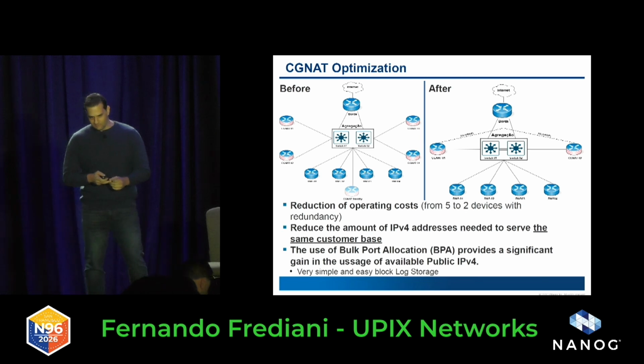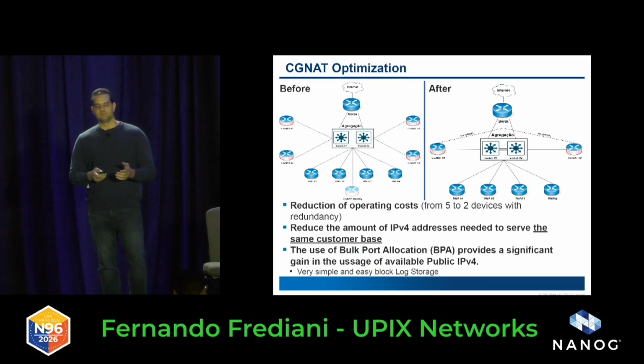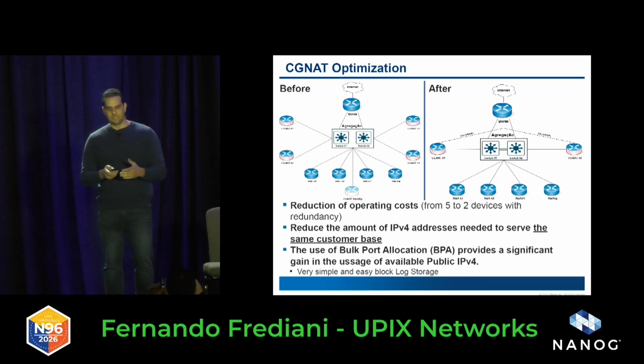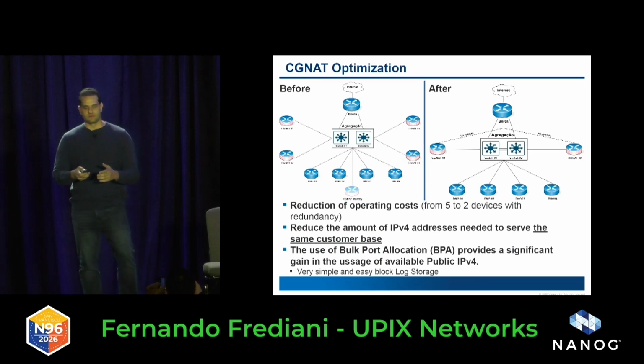So the first scenario I want to talk about is CGNAT. If you are a broadband provider, you can save a lot of public IPv4 without degrading or changing the way you serve your customers.